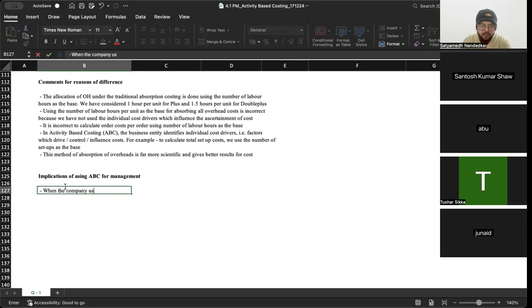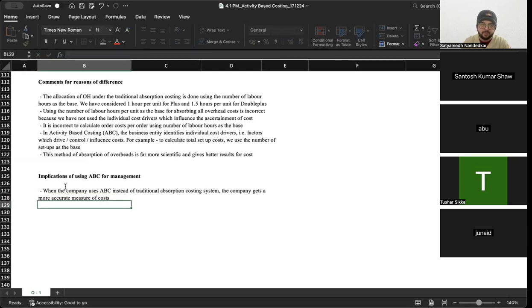When the company uses ABC instead of the traditional absorption costing system, the company gets a more accurate measure of cost.